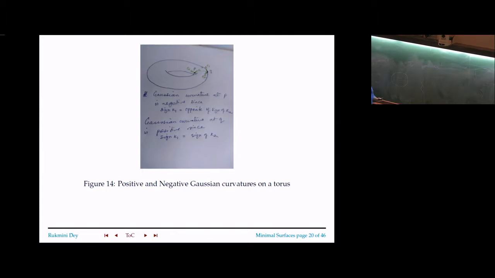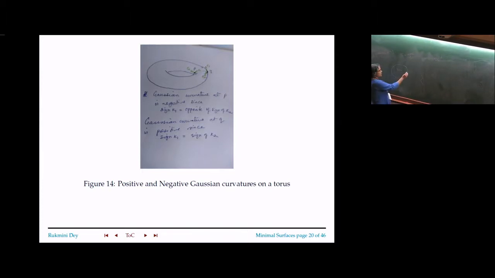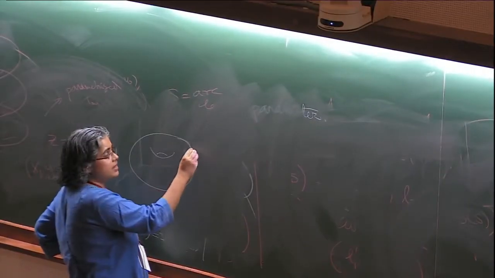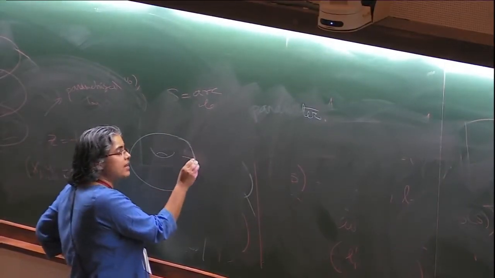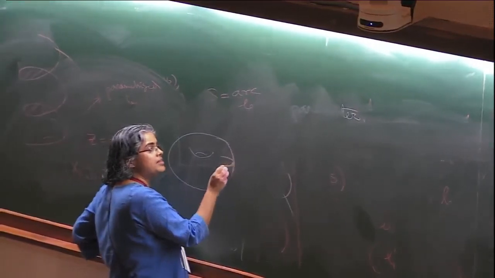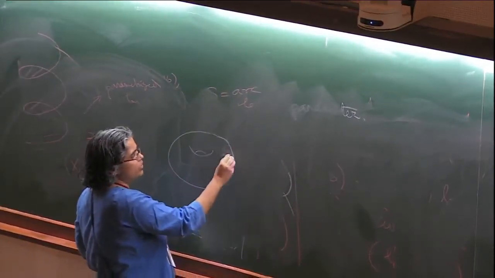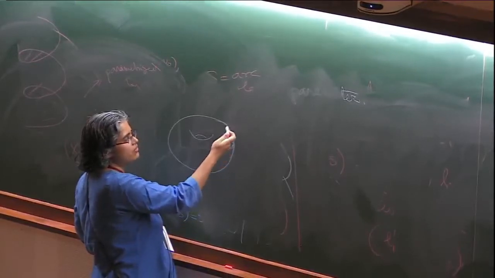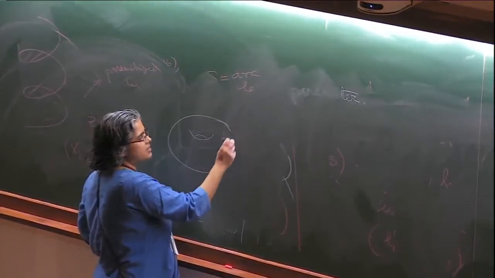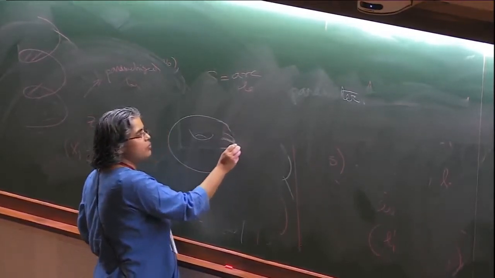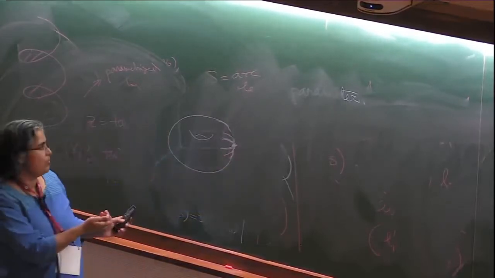Okay. Just to give you a flavor of the two principal directions of curvature. So take a point here. Do you think it's positively curved or negatively curved? Positively curved on this side, because the two principal directions of curvature are pointing in the same direction. This is a principal direction of curvature, this is another principal direction of curvature. They are pointing in the same direction.